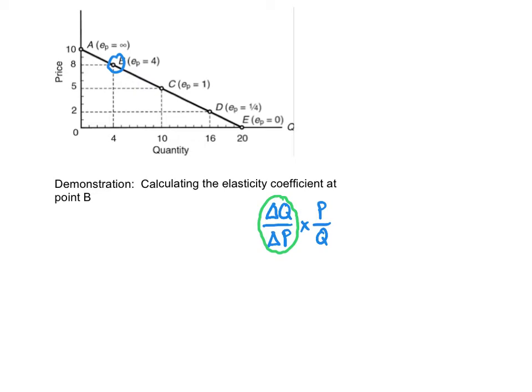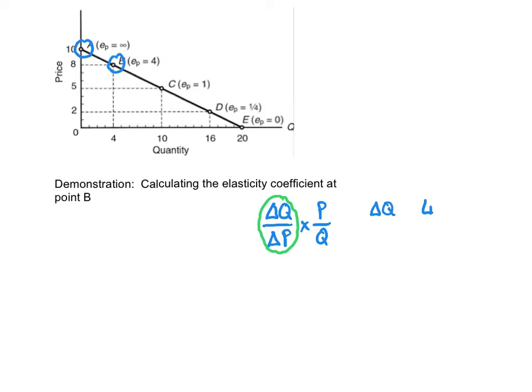So if we go from point A to point B to determine the inverse of the gradient, we have the following. The change in quantity is equal to 4, because at A it is 0, at B it is 4.